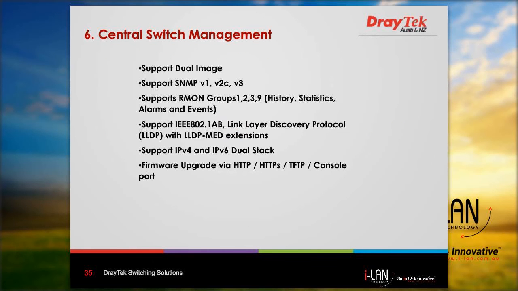Some of the supported features in the central switch management include dual image, SNMP version 1, version 2c, version 3, RMON group 1, 2, 3, and 9, history, statistics, alarm, and events.